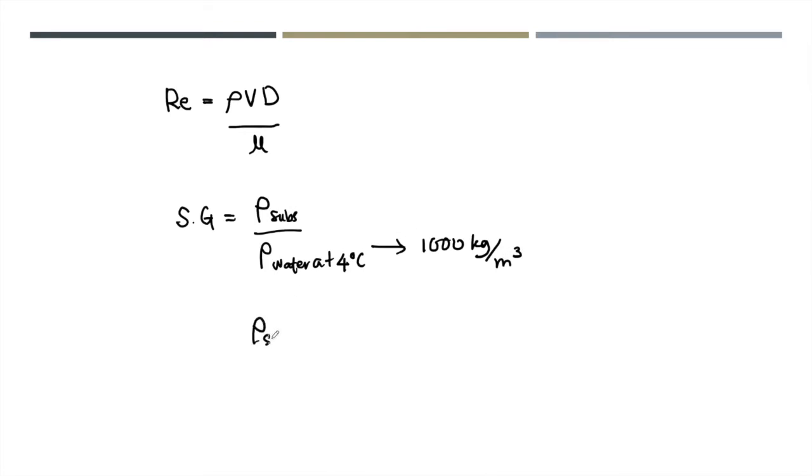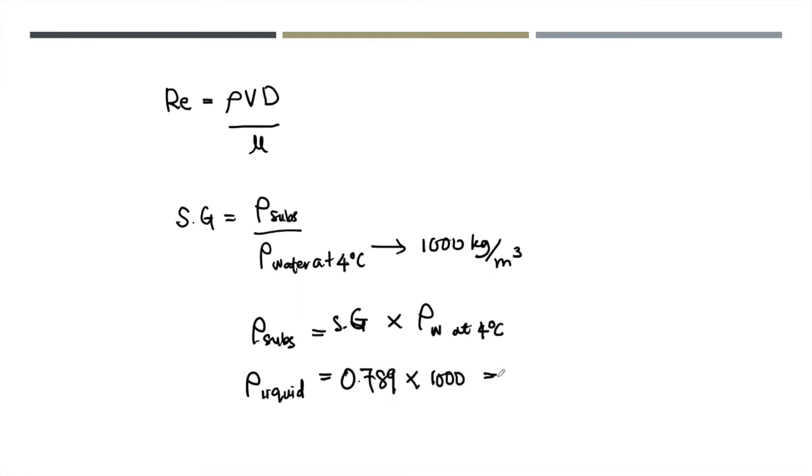So rho substance is equal to Sg, specific gravity, times rho water at 4 degrees Celsius. Now this is rho liquid. We do have the Sg for the liquid, which is 0.789 times 1000. We will get that the density of the liquid is 789 kilogram per meter cubic. So we already solved for density.